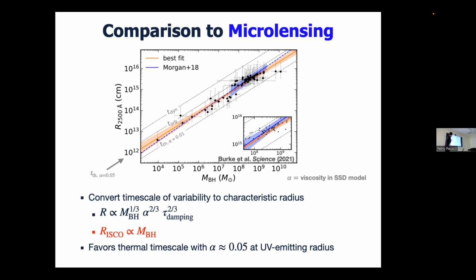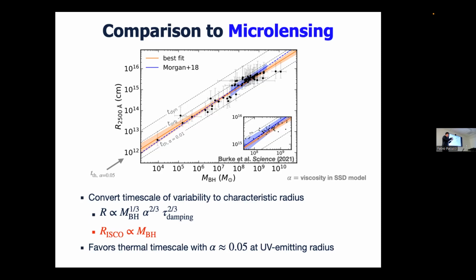Then we compared this to the microlensing results, which are in blue. So these are accretion disk radii measurements from microlensing: when a star passes in front of the AGN accretion disk and you do some modeling of the gravitational lensing, you can actually infer the typical radius of the optically emitting part of that disk.